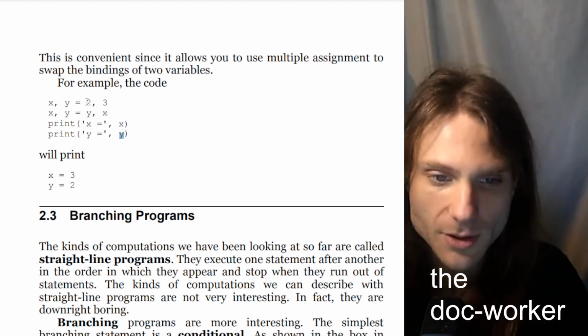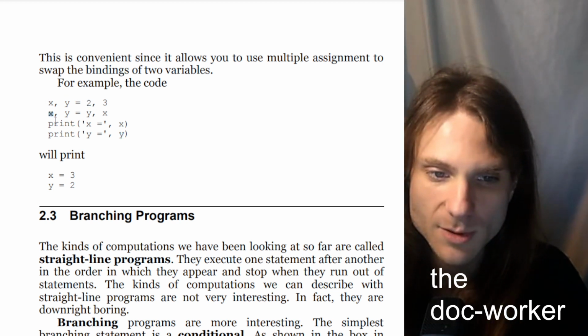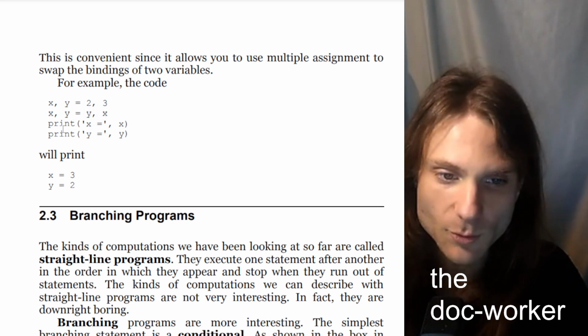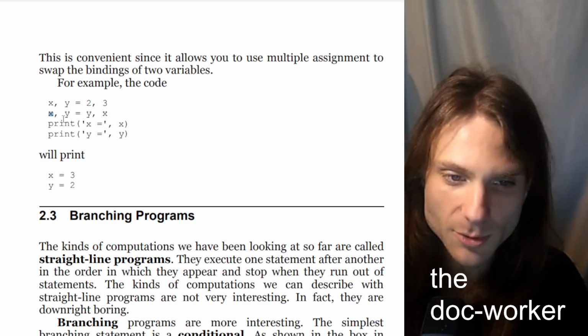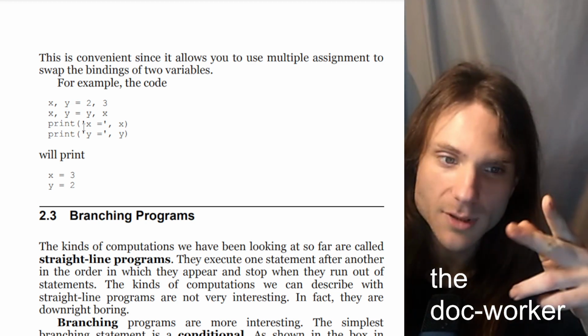Because you start by assigning 2 to x and 3 to y, but then you simultaneously swap them by saying, now I'm going to make x equal to what y currently equals and y equal to what x currently equals, and it will comfortably swap them.